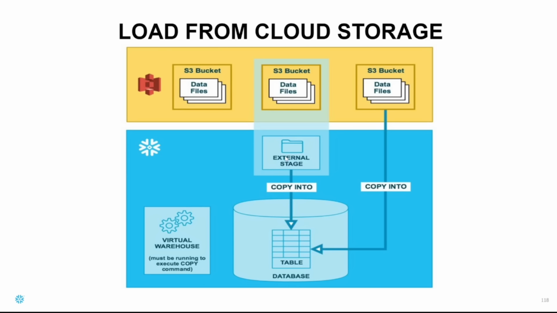So Snowflake always recommends to create an external stage, and then use that external stage to copy the data from the S3 bucket to a table inside Snowflake. We will see this example in upcoming videos: how do we create stages on an S3 bucket, and how do we use the copy command to load the data from that particular bucket to our table.